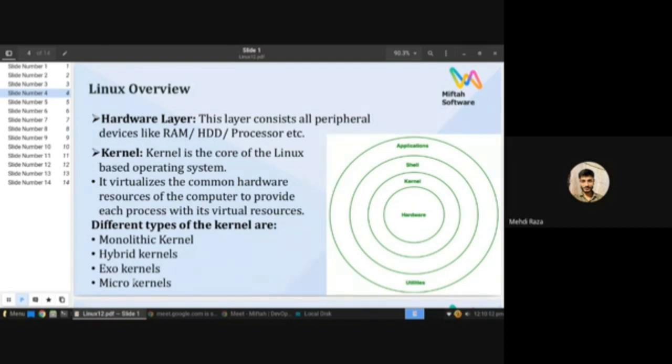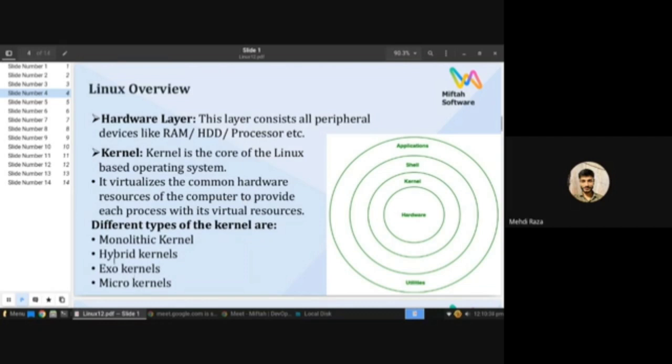But if you are talking about microkernels, they provide stability, and they need less hardware. Just like on the Raspberry Pi, we are using microkernels over there. So the microkernels are just the opposite of the monolithic kernel.